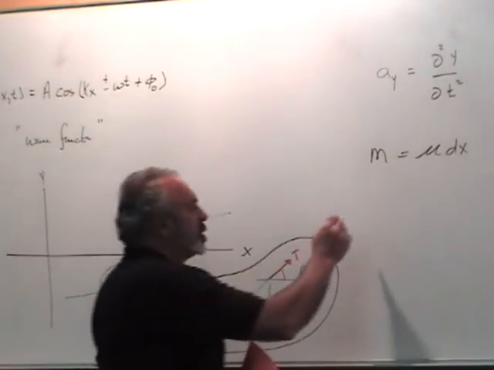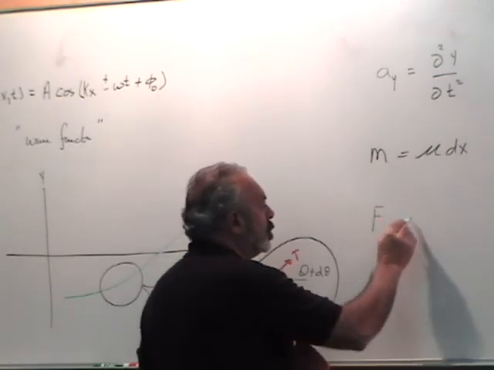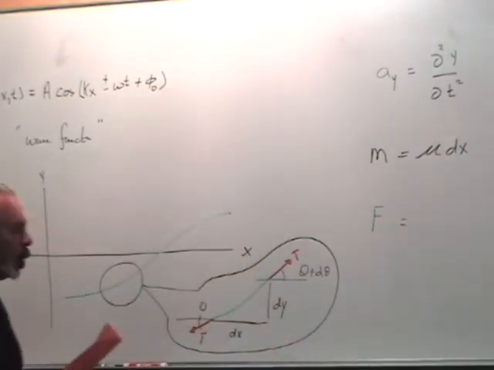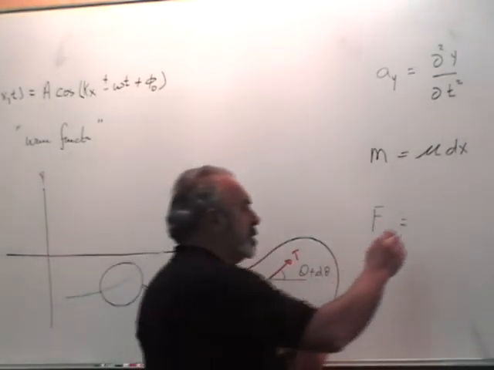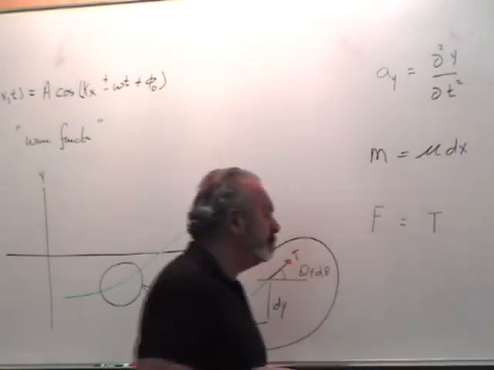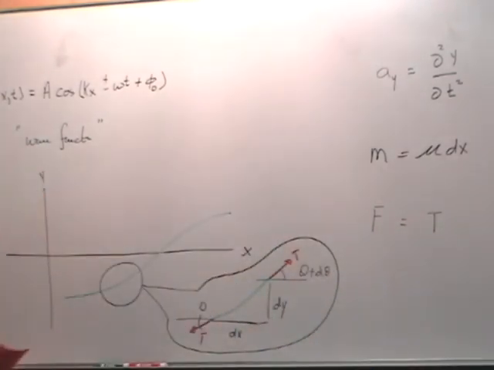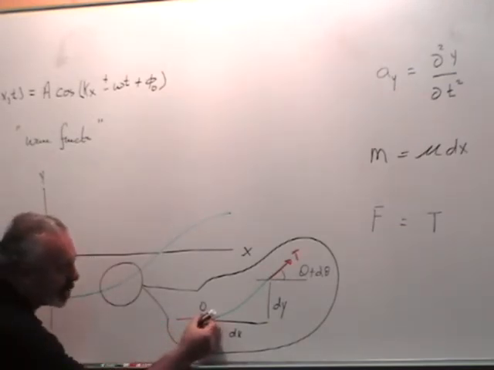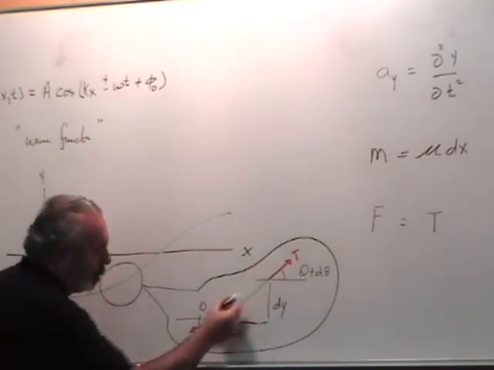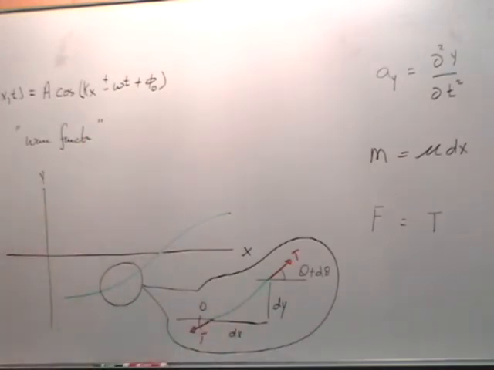Now, what about force? Force is going to be another story because force is directly related to the tension, but it's also related to the change in the slope at any given point. The slope here as compared to the slope here. Not the slope itself, but the change in the slope as we move across.